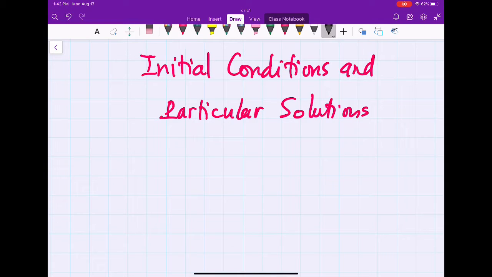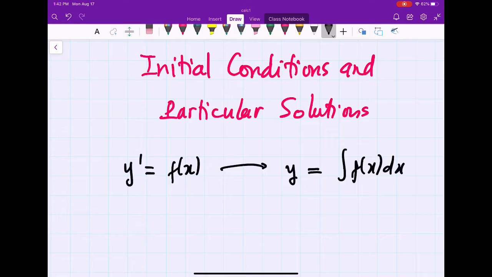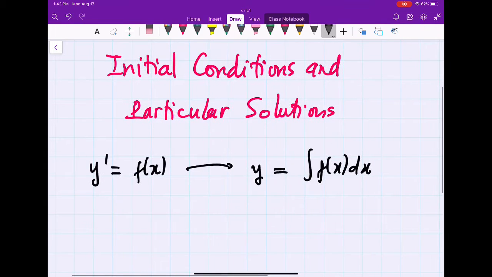So suppose that you have the following equation: y prime equal to f of x. We know the derivative of the function y. You want to recover the function y, so that is the antiderivative of f(x) dx. And of course, in this case I would write plus c.